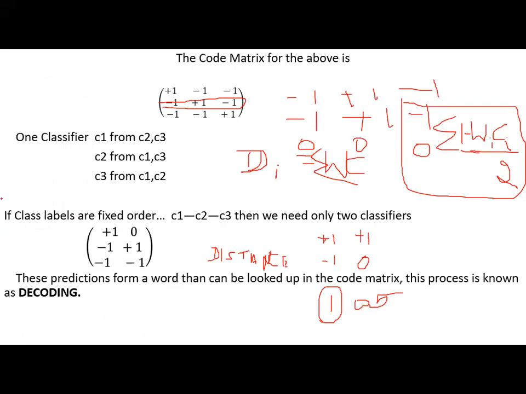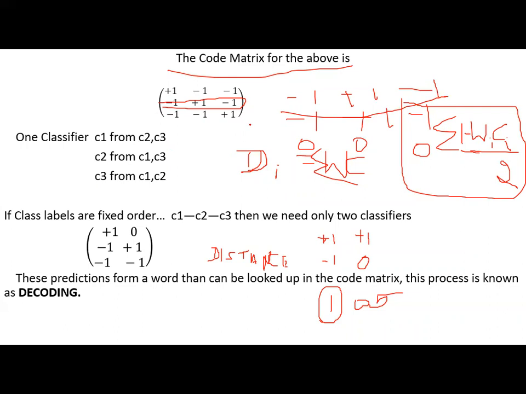Now, if the code matrix is generated, how do we find which one is good, which one is bad, or which one has to be predicted? For example, if -1 +1 -1 is given, we search whether that word is there in the code matrix or not.